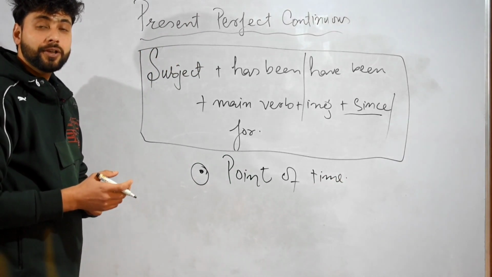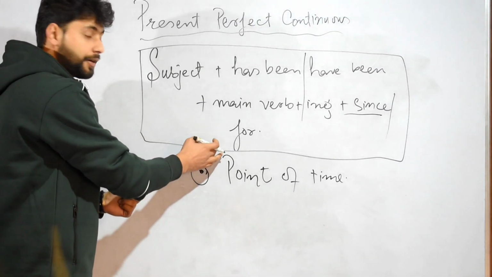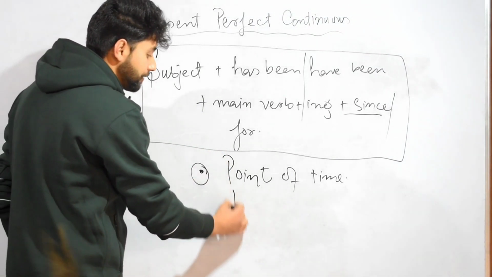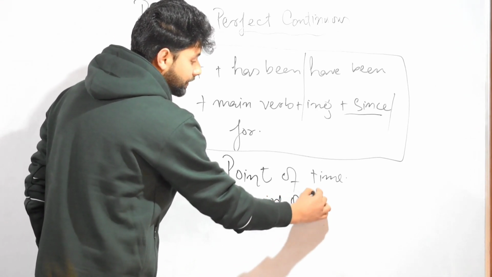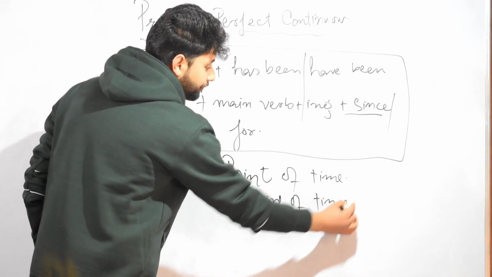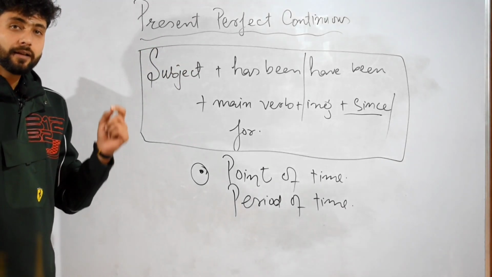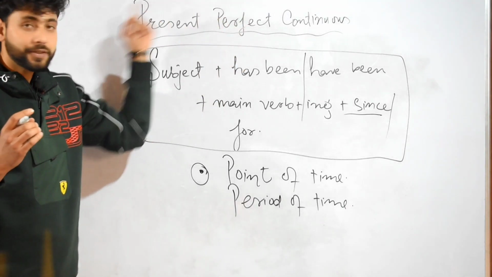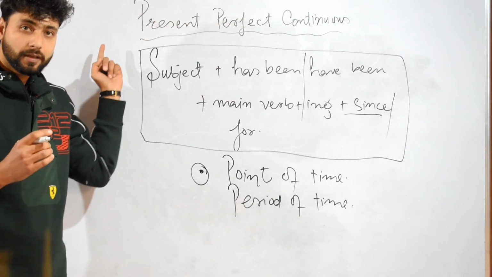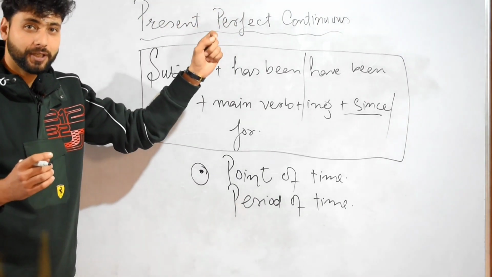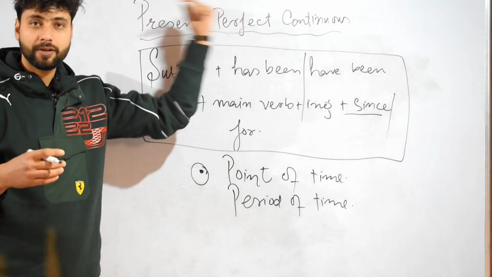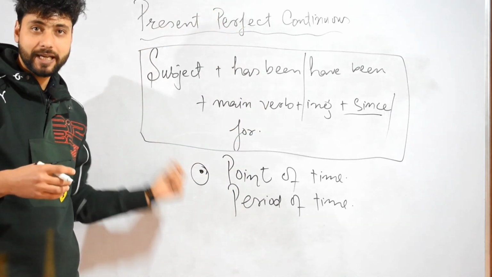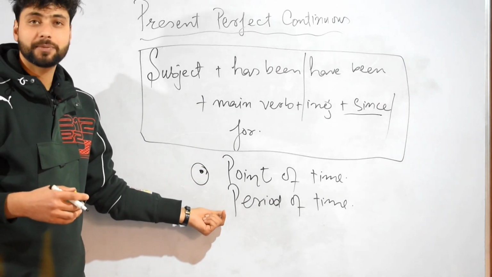And when we talk about for, we are talking about a period of time. Remember that circle which contains an invisible point. That invisible point can be anywhere on this board inside that circle. That is a period of time.